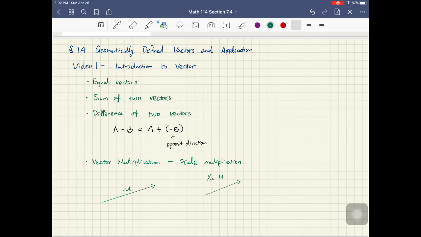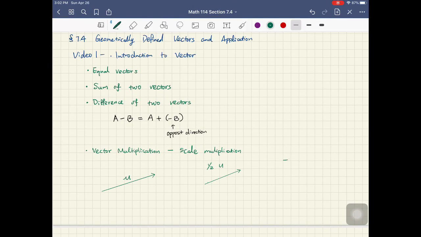I can also have negative 2u. That means I'm going to draw u twice as long, but in the opposite direction. I think my angle is slightly off. Okay, so this is negative 2u.